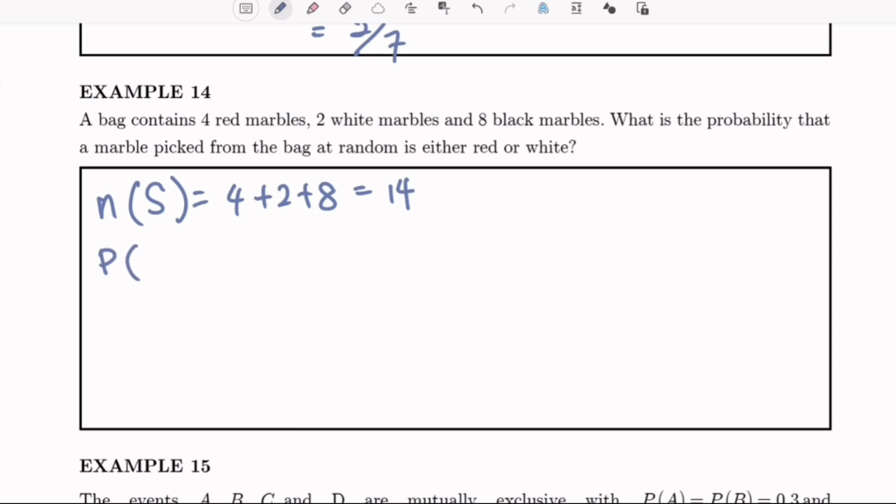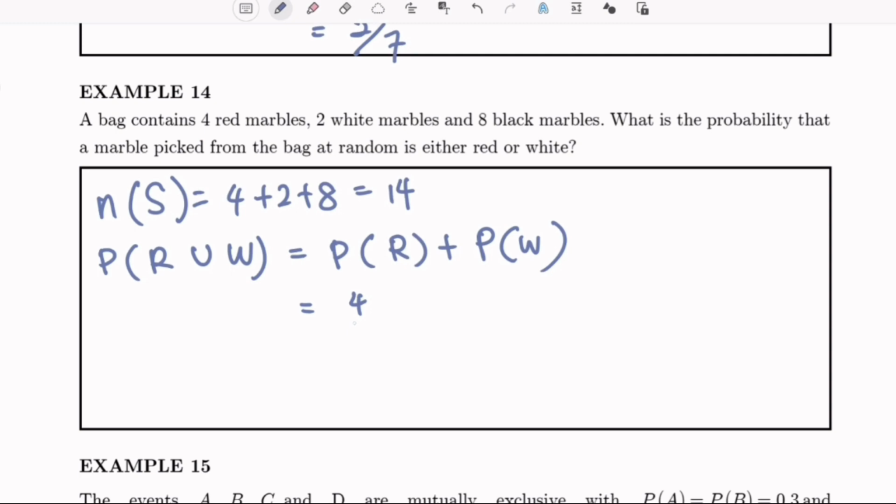The probability of picking a red or white, since they are mutually exclusive events, you can say that this is equal to P(R) plus P(W) equals 4 over 14 plus 2 over 14. That gives you 3 over 7.